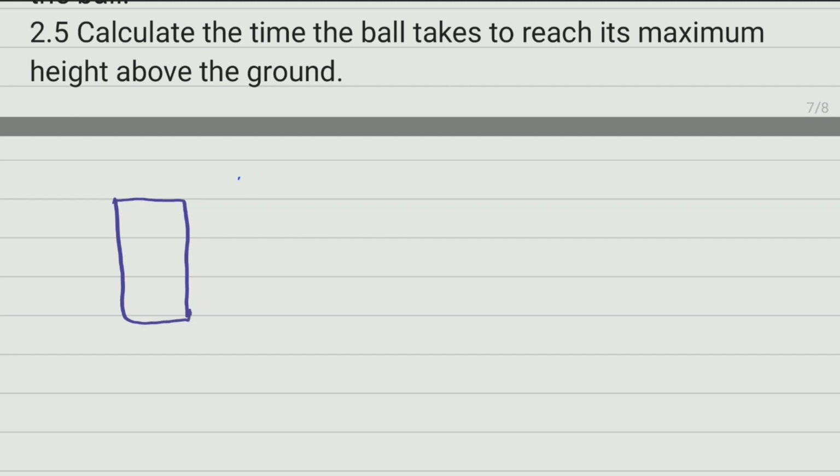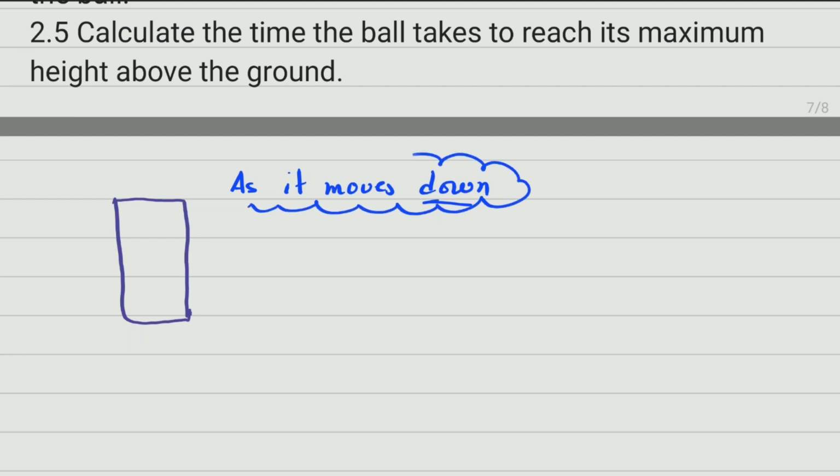Now remember, as it moves down, we're going to take only the part when the ball is moving from the top of the window down. Remember, it's the same as moving up and down. So we know that the length of the window is equal to 2.2 meters. This is given to us.